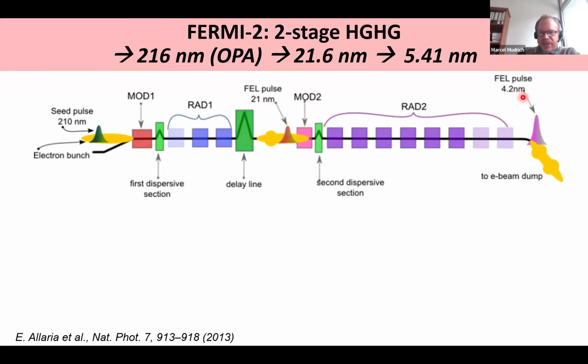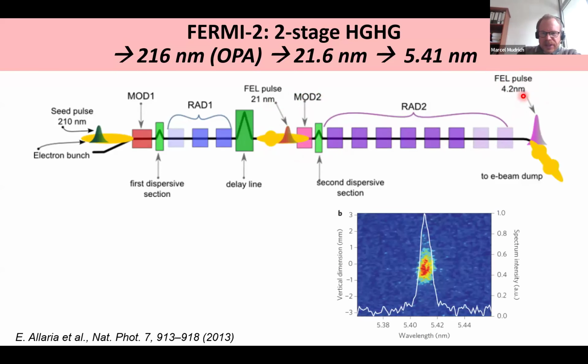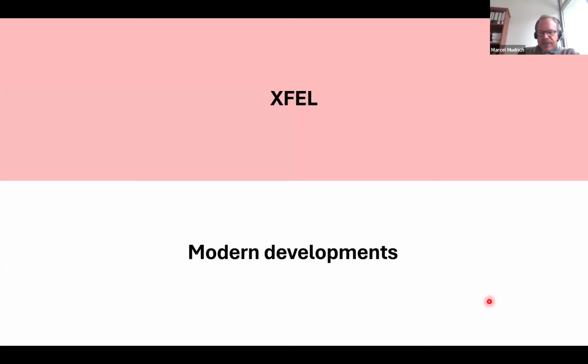So here we just get into the regime of core shell ionization. And this is then a typical output spectrum for this. It's called Fermi 2, the two-stage HGHG laser.